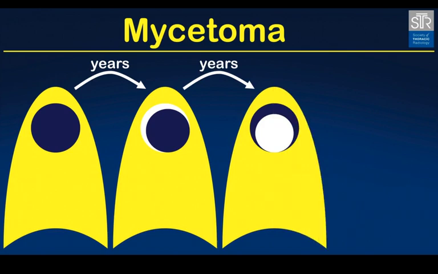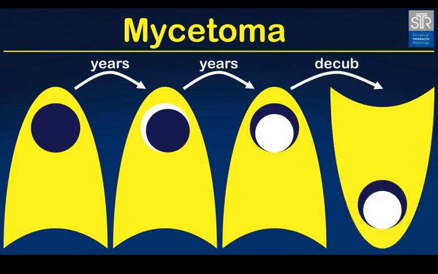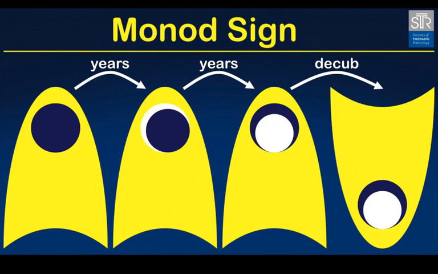Then again, over a period of years, the fungus may condense down within the cavity and form a gravity-dependent mass within the dependent aspect of the cavity, which, if we put the patient in a decubitus position, or prone and supine positioning on CT, we can see is a gravity-dependent mass. And this whole process is termed the mucoid sign, although it's sometimes referred to in the literature as a crescent sign as well.